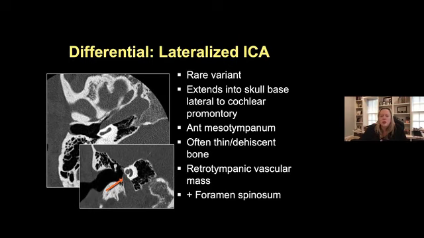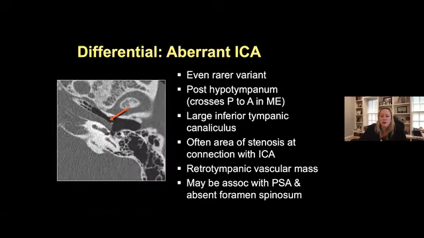It should be noted in a preoperative patient, because this could be at risk if the patient goes in and they put tubes in. Usually they put tubes in the anterior and inferior quadrant of the tympanic membrane, and that could be a pretty disastrous complication if they get into the carotid. So it's important to note a lateralized internal carotid artery, but typically this is associated with a normal foramen spinosum. It can present as a retrotympanic vascular mass, and also can present with pulsatile tinnitus if there's thin dehiscent bone.